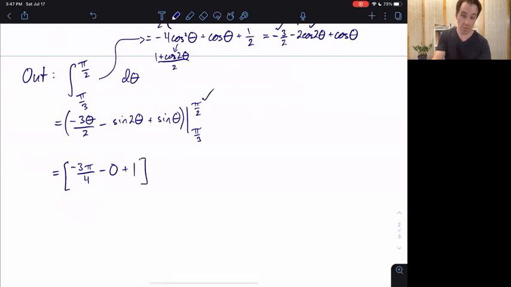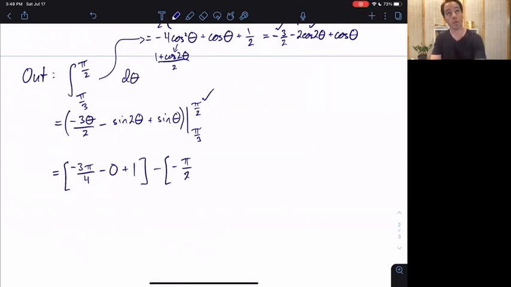Okay, so that's the pi over 2 version. Now, the pi over 3 version. -3 times pi over 3 is pi, right? So that will be negative pi over 2. Agree? Yes?